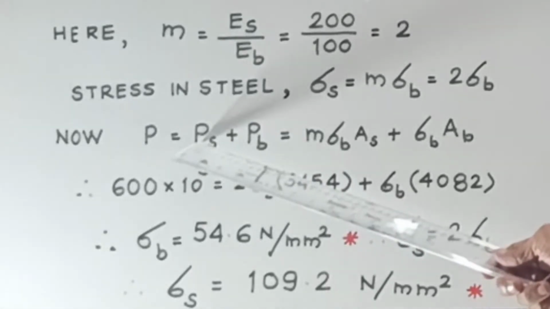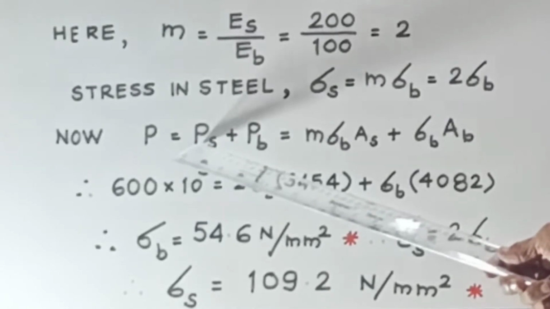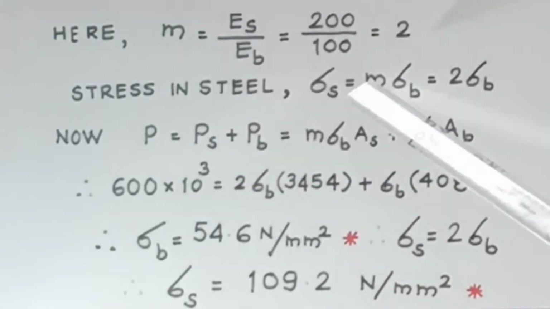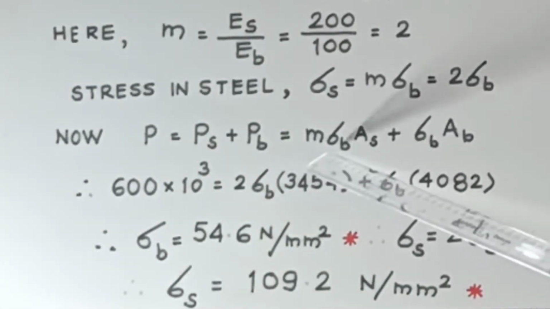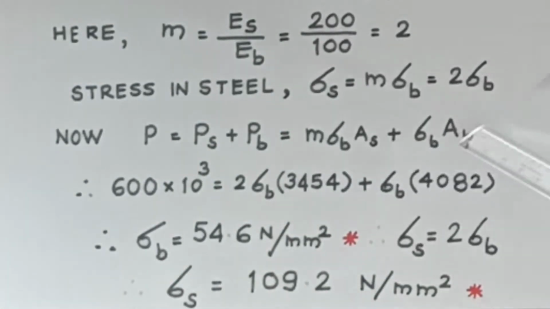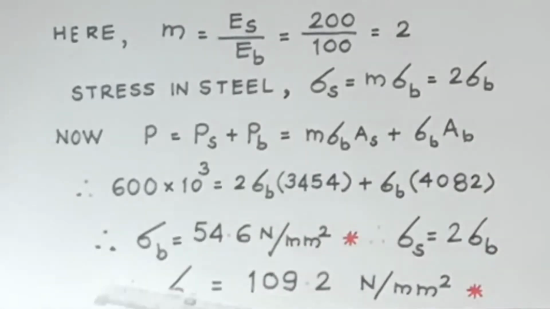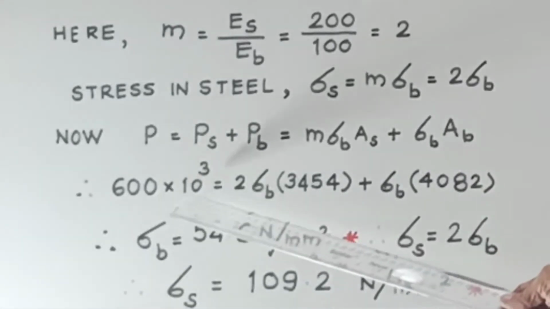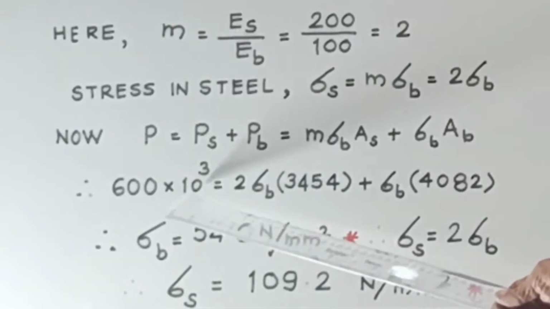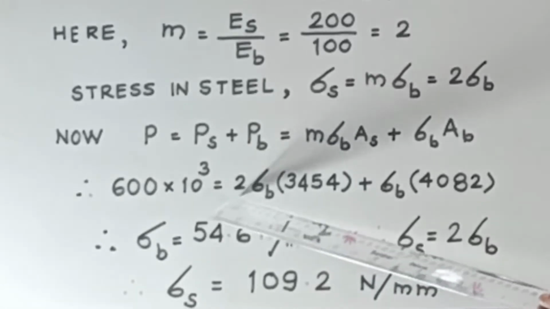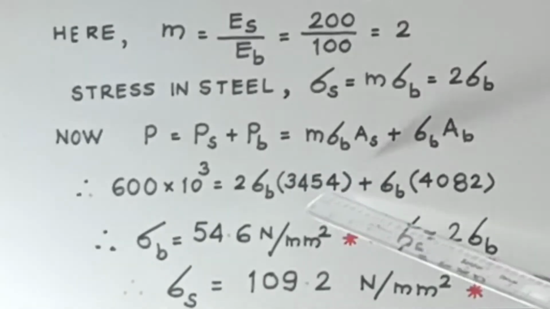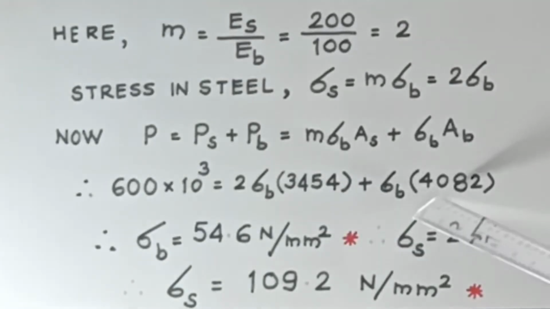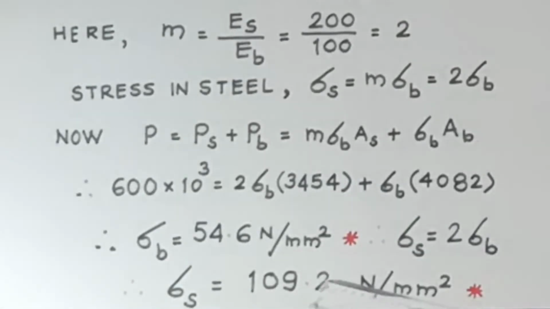Load is equal to stress into area: sigma S into AS, but sigma S is equal to 2 times sigma B. So P = M into sigma B into AS plus sigma B into AB. If you substitute the values, 600 into 10 raised to 3 to convert into Newton is equal to 2 times sigma B into AS, which is 3454, plus sigma B into AB, which is 4082. Only unknown is sigma B.